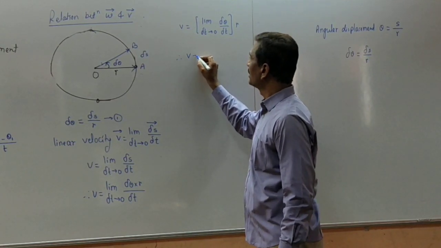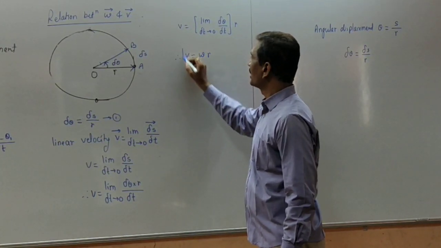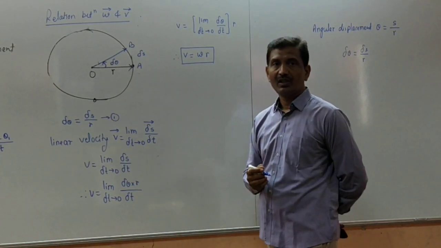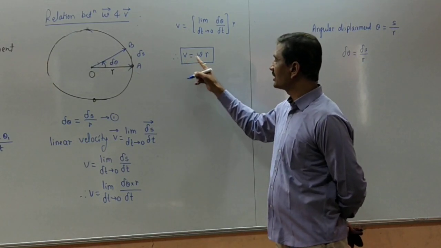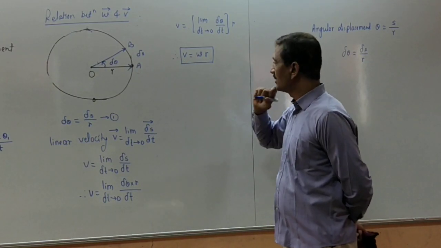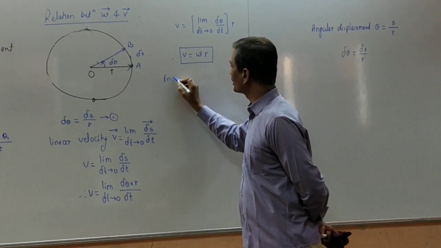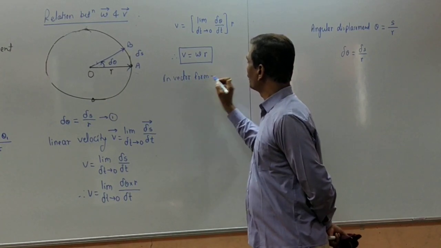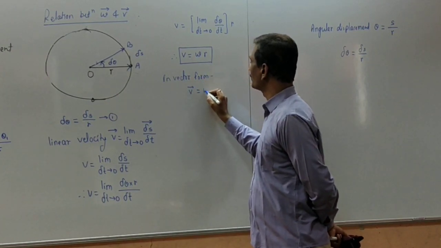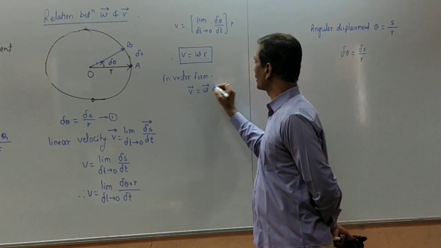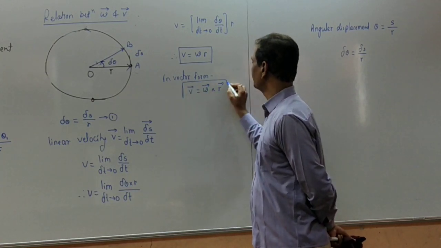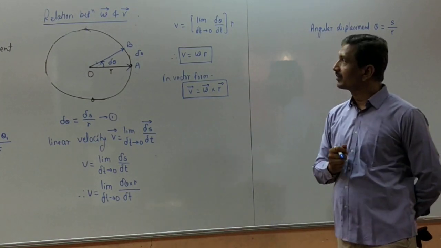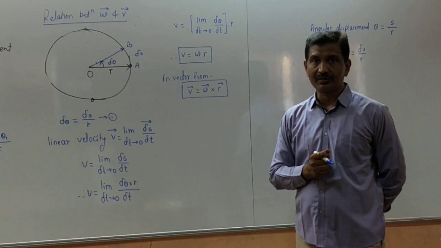It is the angular velocity, and thus we get v is equal to omega into R. So linear velocity is the product of angular velocity and radius. In vector form, we get v bar is equal to omega bar cross R bar.